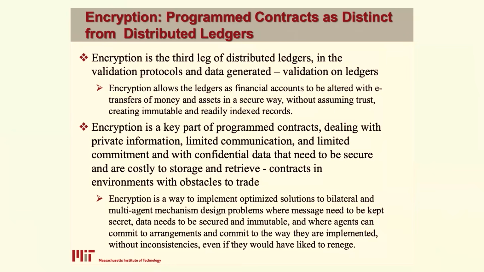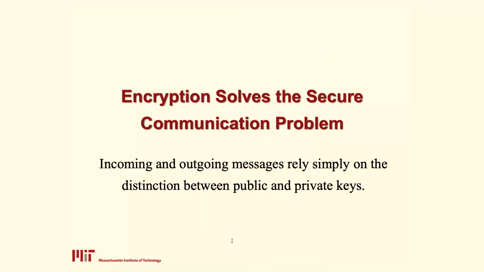They want, again, the data to be secure and immutable. They want to be able to commit to the arrangements and commit to the way they're implemented without any inconsistencies, even if one, or if you can wrap your mind around it, if there were 2, even if both potentially want to renege. So that's the big picture.